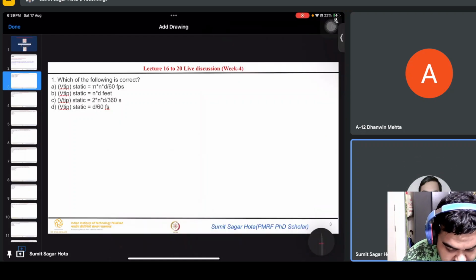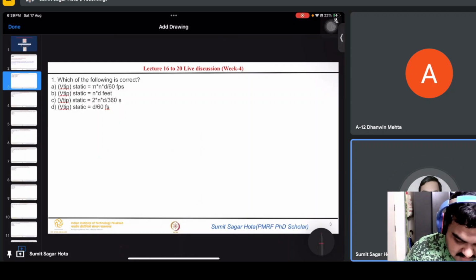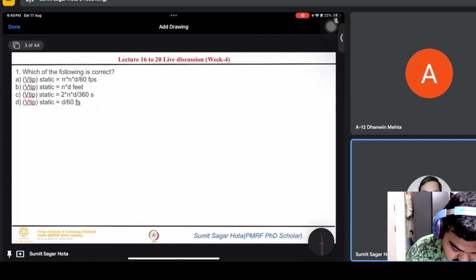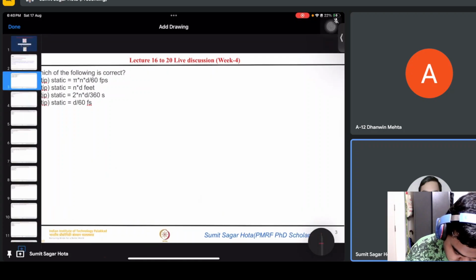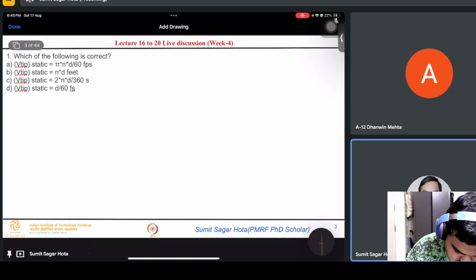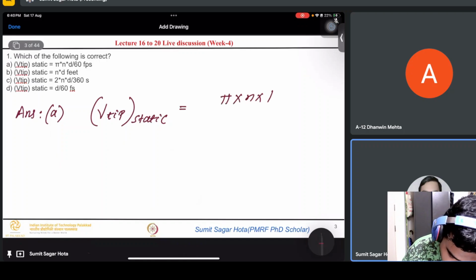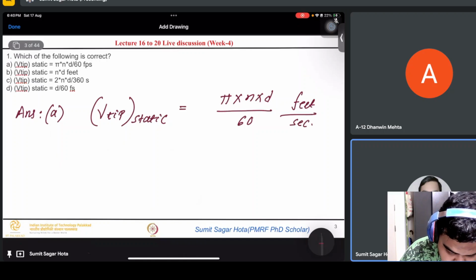Which of the following is correct? So static speed, obviously the formula is pi N D by 60 feet per second, or whatever SI units you can use.